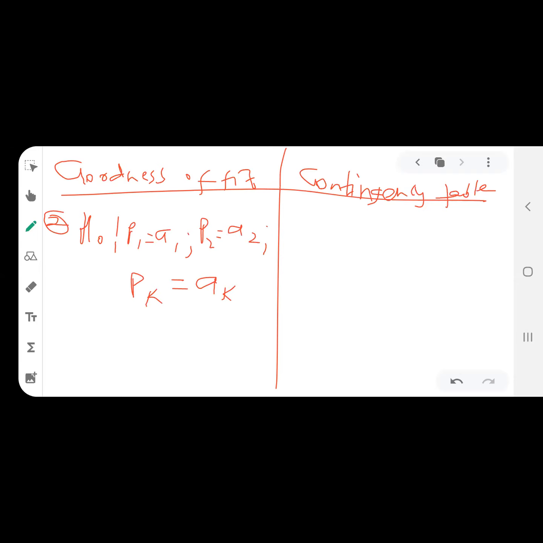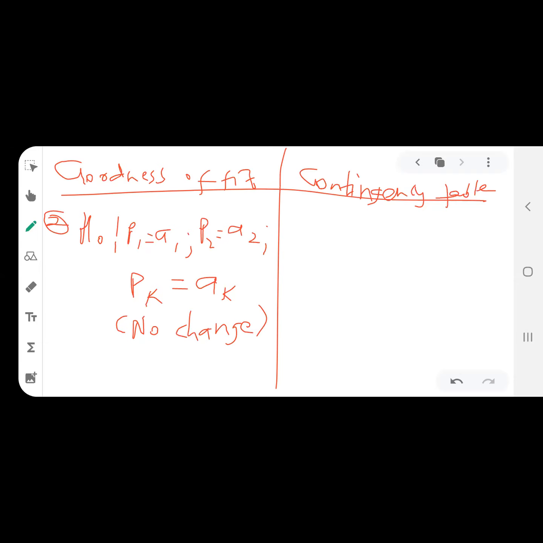And what this means is that there is no change, or no difference. Because if P1 equals A1, it means there is no change. They are still the same.